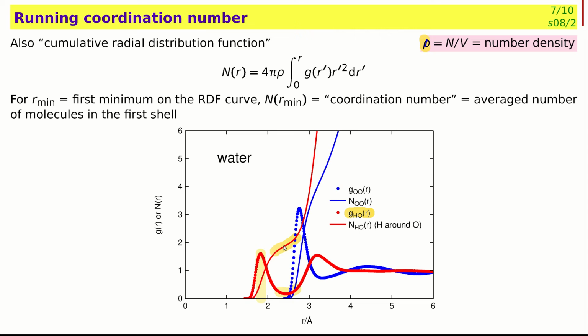And here the average number of hydrogens which are hydrogen bonded to an oxygen is about 1.9. It is almost 2. It means that almost all water molecules are hydrogen bonded essentially 4 times, because there are 4 neighbors.